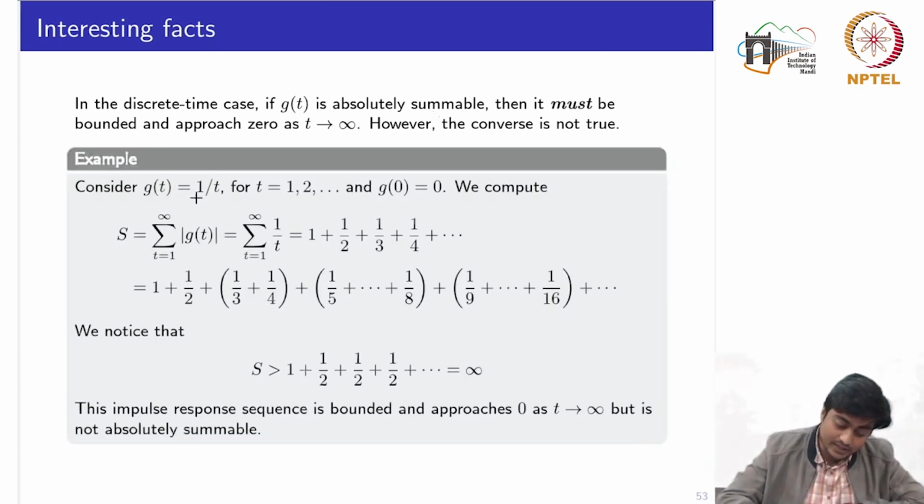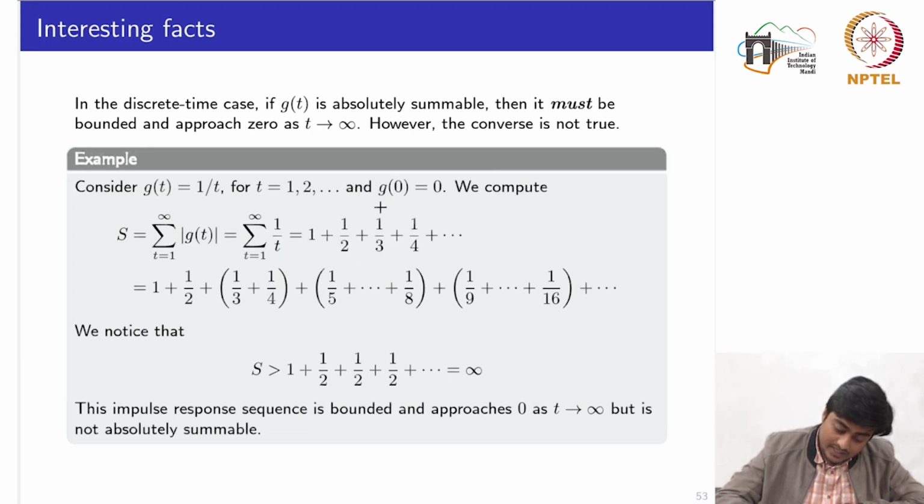Consider the signal g of t given by 1 over t, where t belongs to the set of positive integers. We compute this summation, taking the sum of the absolute value of g of t starting from t equal to 1 up to infinity. We can write 1 plus 1 by 2 plus 1 by 3 plus 1 by 4.